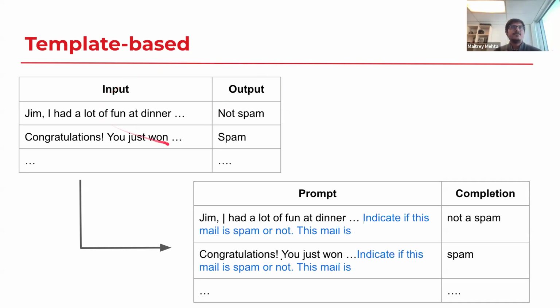So you have, for example, the spam detection data set where you have an input email and you have these labels of not spam or spam. You want to translate these into an instruction friendly format so you can use all the natural language training that you did in the pre-training phase.